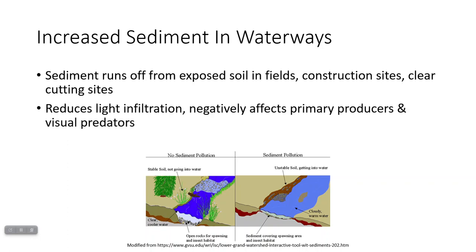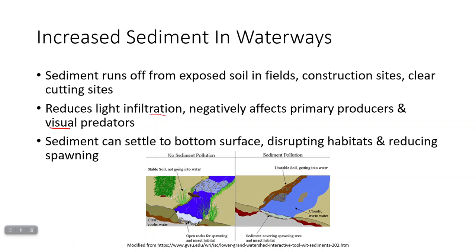And when you have too much dirt in the water, that's going to decrease your light infiltration, which means your photosynthesizers are going to starve or die. So that's going to decrease your primary producers, which has an impact on the entire food chain. And it also impacts anything that relies on sight in order to hunt. So any visual predators are also going to have a negative impact on their population survival.